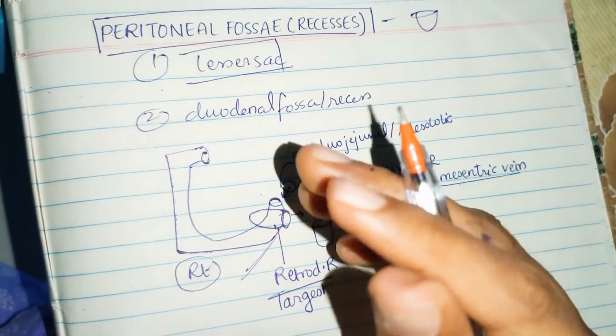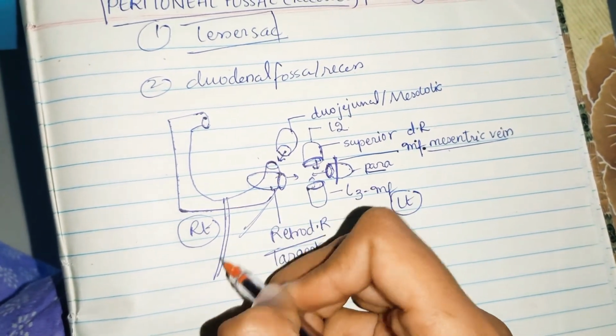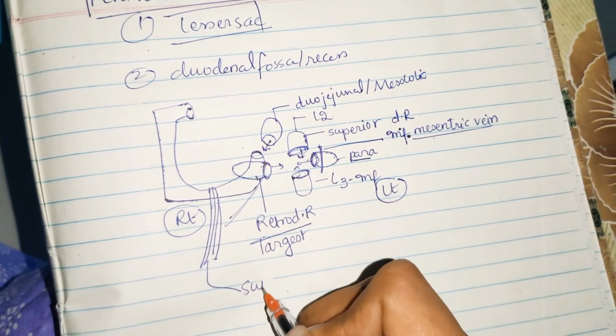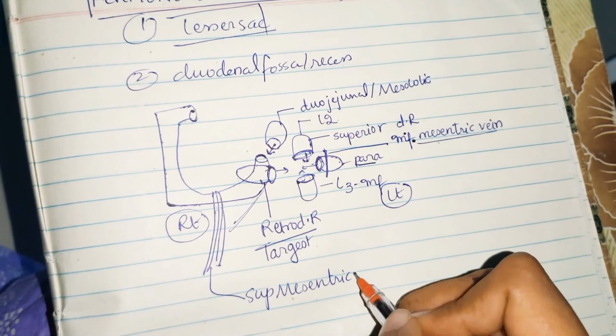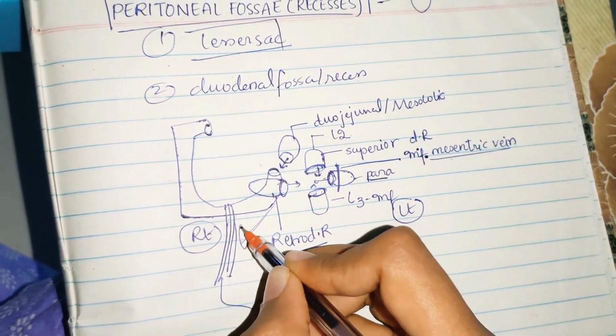Next comes another recess, which is between the superior mesenteric vessels. These are the superior mesenteric vessels. With the superior mesenteric vessels, you have another recess like this.